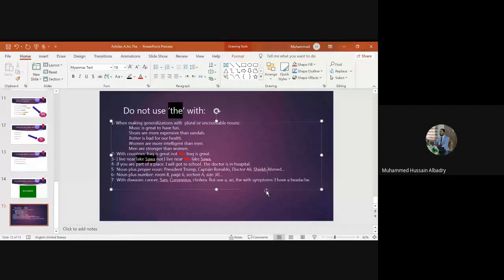Fever: I have a fever. So maybe I tell you, you have coronavirus. You have a fever. I have a flu. You see, with diseases we don't use the. With symptoms we use a or an.